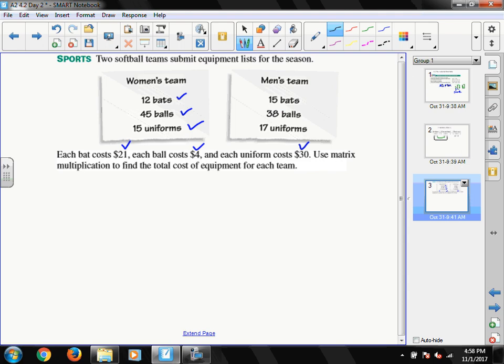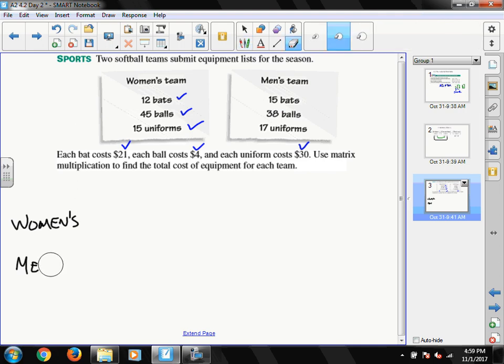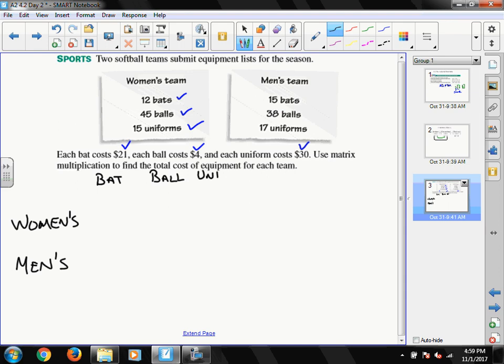So to do this, I'm going to need my women's team as a row. And I'm going to use my men's team. Oh, men's, if I can spell. And I need my bat, ball, and uniforms.